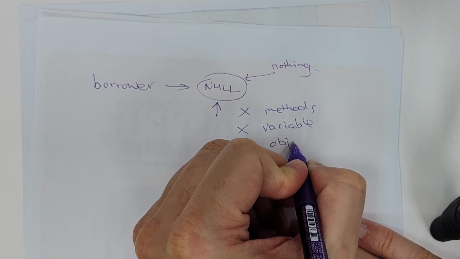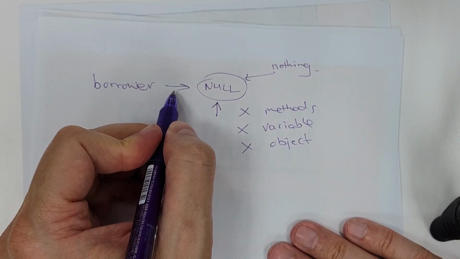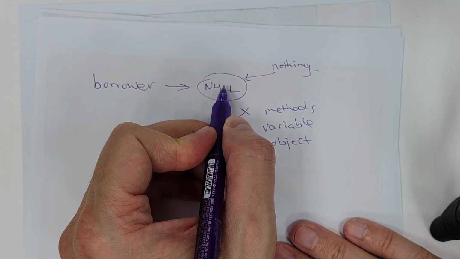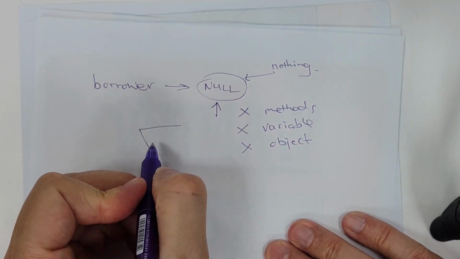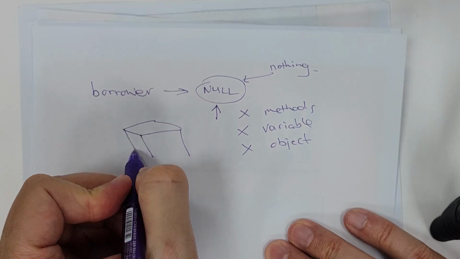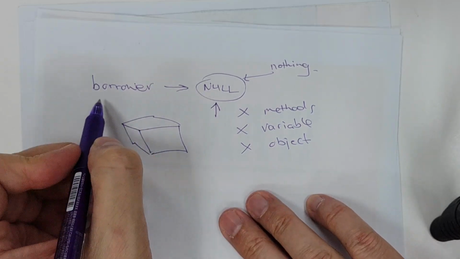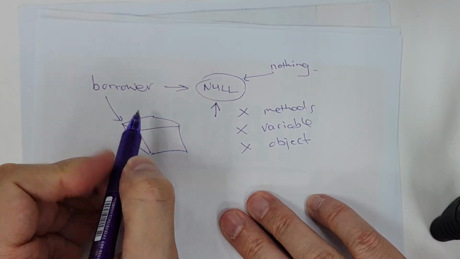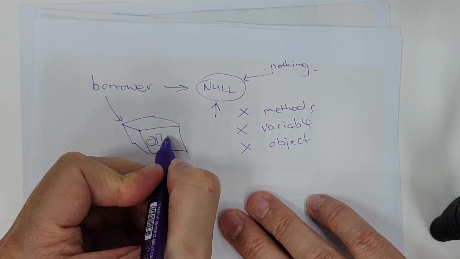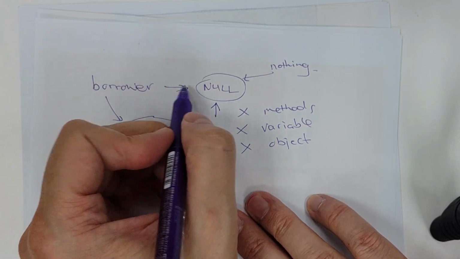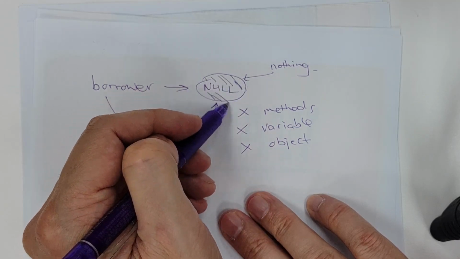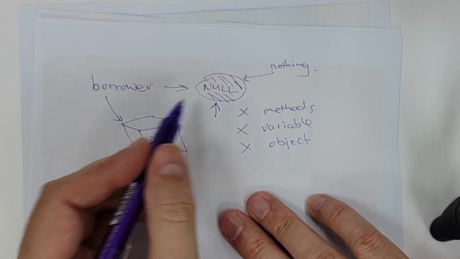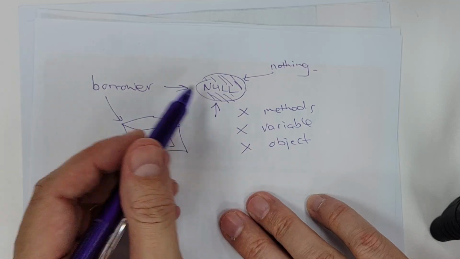There is no object there. It's a pointer to nothing. Normally, you create an object, and then you point this variable to that object, right? Then it's something. But if you're pointing it to null, it's nothing. It's a black hole. You can't run anything from there.